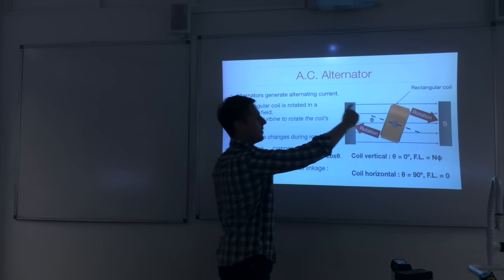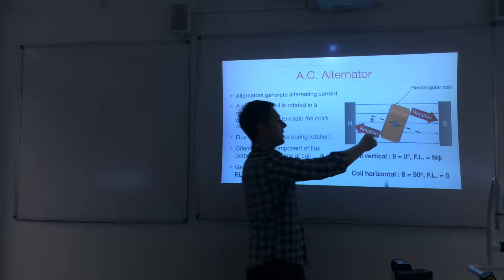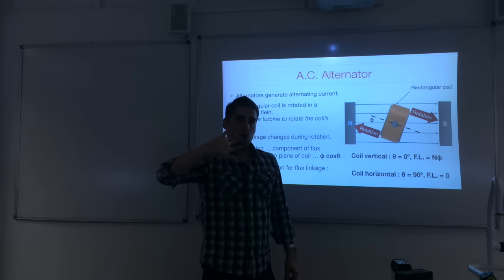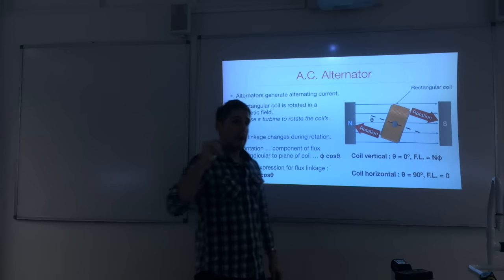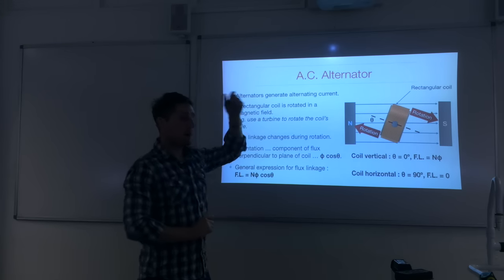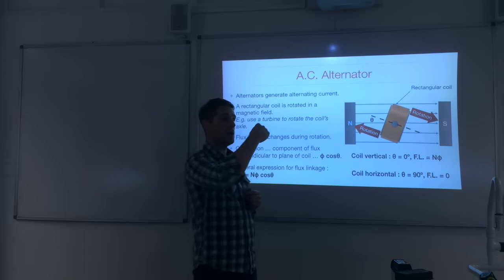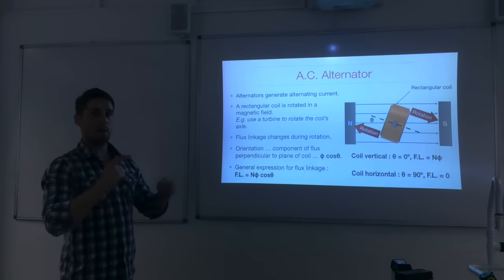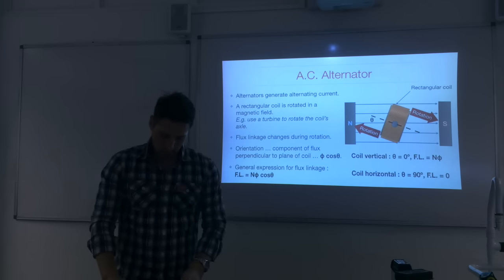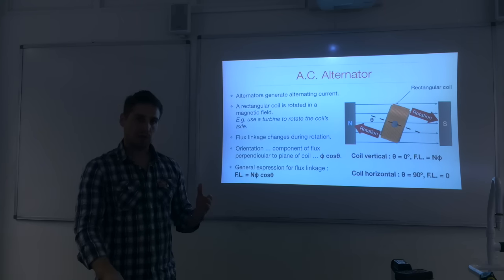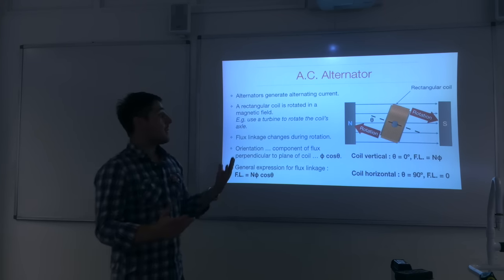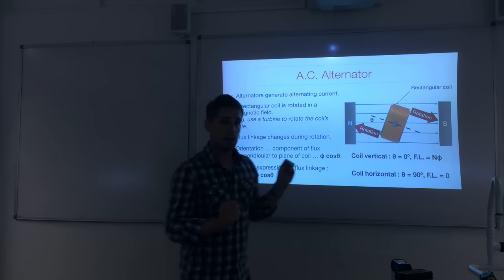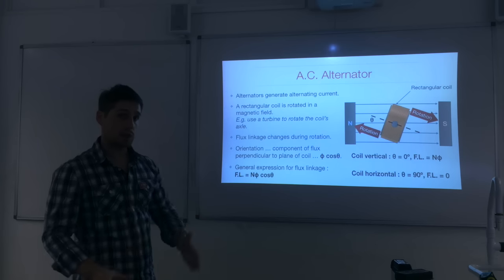As we make a complete rotation, so if we go from 0 to 180, the coil is going to reverse direction, and that is the reason that we get an alternating current generated, because the direction of the flux is going to reverse in the coil, and therefore we've got the rate of change of flux linkage changing sign, and therefore we get the induced EMF reversing direction.